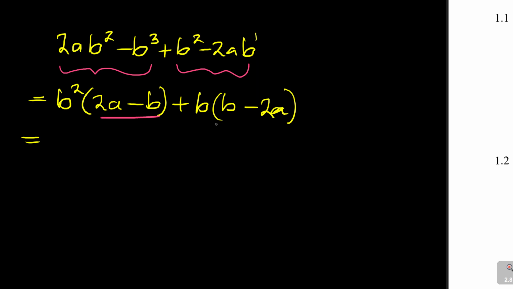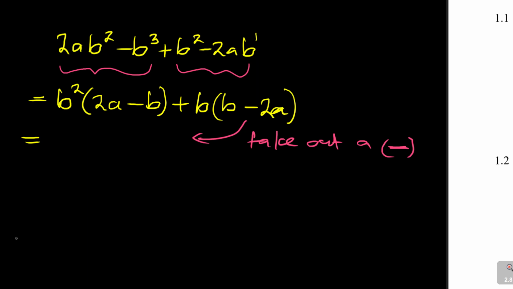But we need to make this bracket match. They must match, guys. So how do you match them? You can only match them by what I call, you take out a negative.